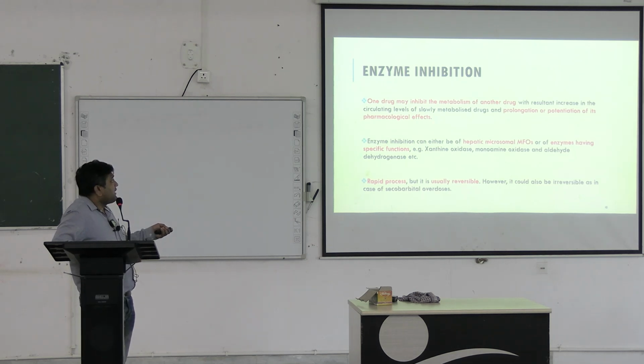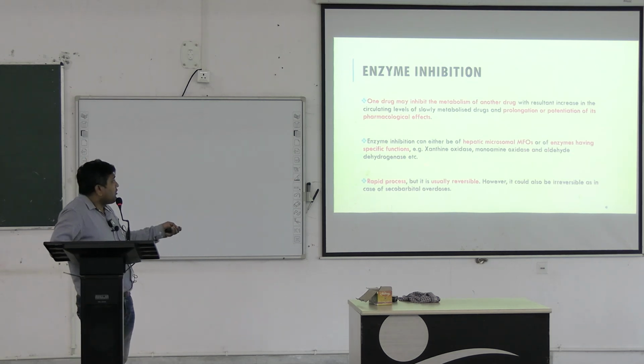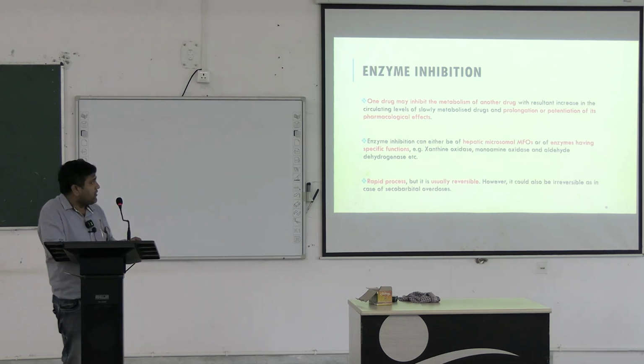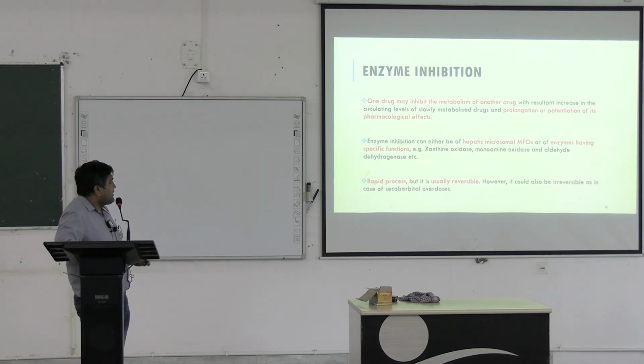Enzyme inhibition can either be of hepatic microsomal enzymes or of enzymes having specific function, like xanthine oxidase, which is inhibited by allopurinol. Allopurinol is a hypouricemic drug. Monoamine oxidase, aldehyde dehydrogenase and others. It's a rapid process unlike induction and is usually reversible.